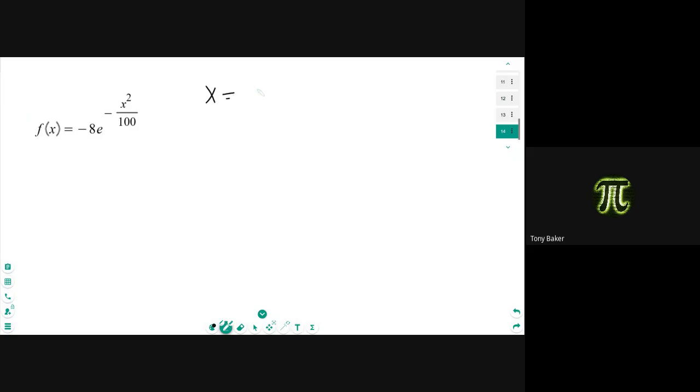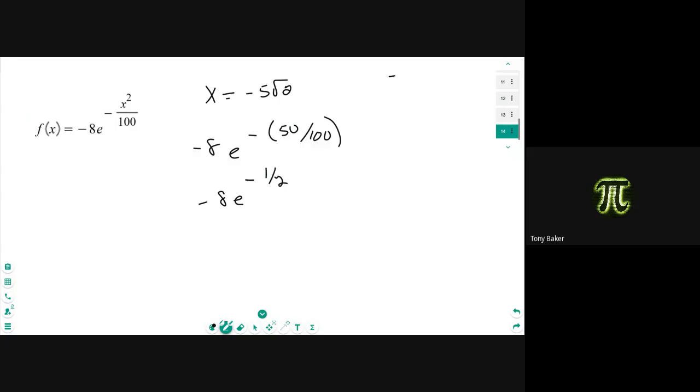So if x is negative 5 square root of 2, we get negative 8e to the negative 50 over 100. So negative 8e to the negative 1/2.